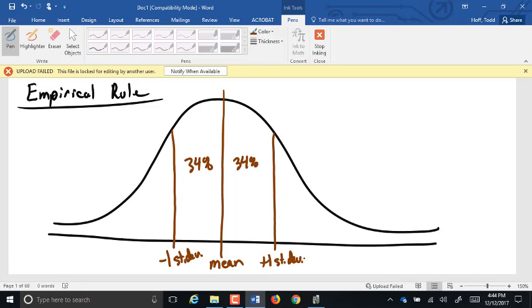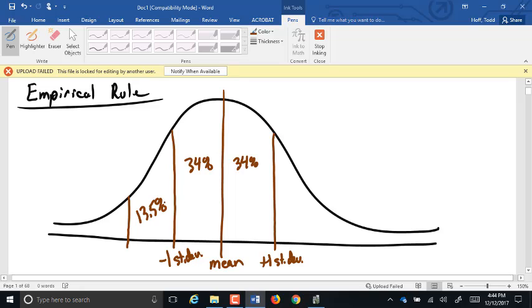Next, between that location and the next spot, 2 standard deviations below the mean, is 13.5% of the data. On either side.